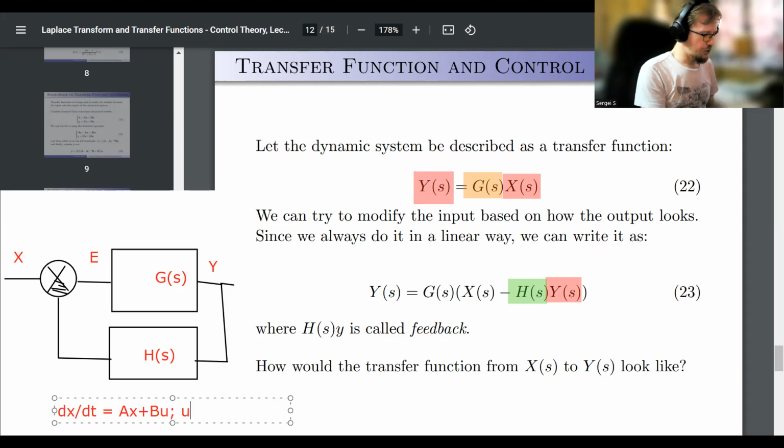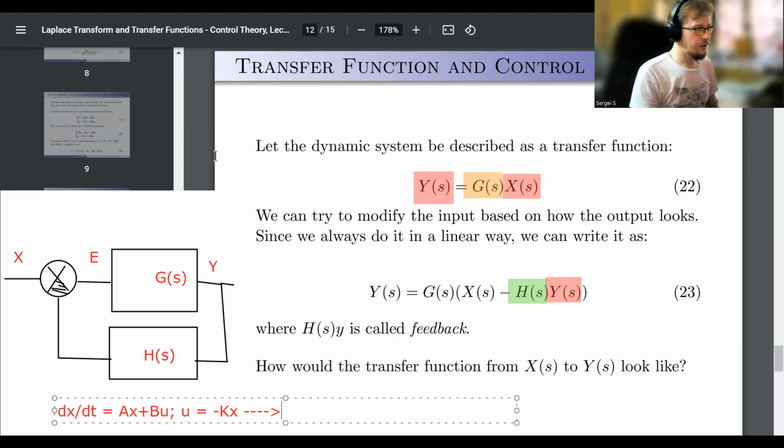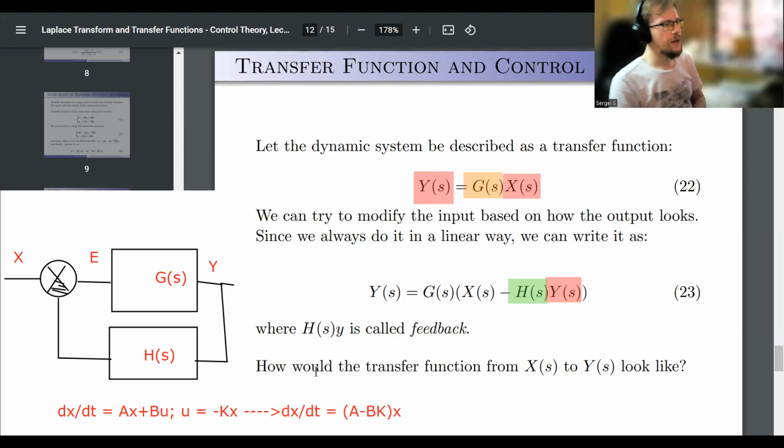Then we say u equals minus kx. Therefore, the closed loop system looked like this. Okay, so this is what we saw previously.